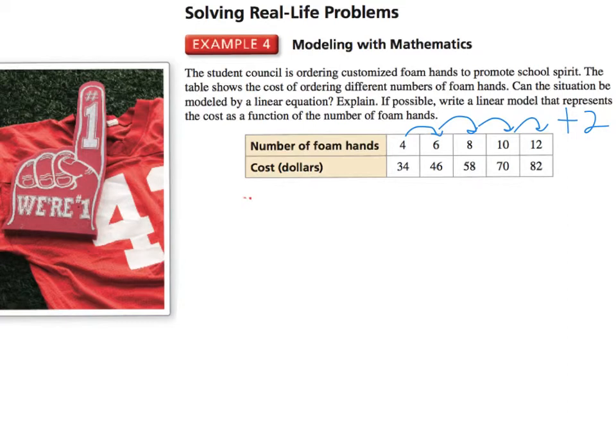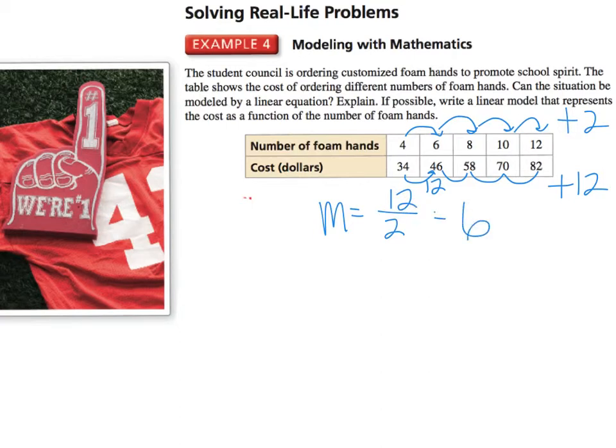So my change in x is 2. Now my change in y, cost in dollars. 34 to 46, that goes up by 12. 12, 12, 12. So my change in y is 12. Therefore, my slope is 6.